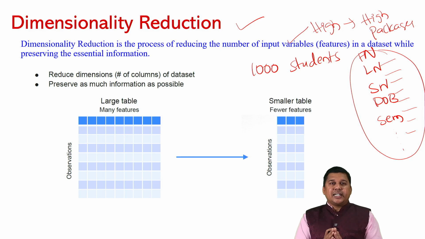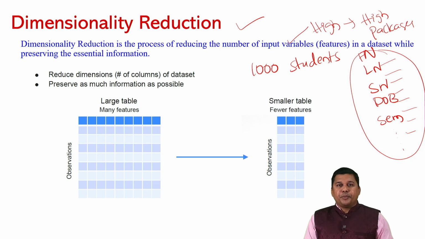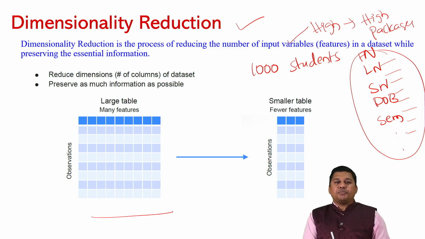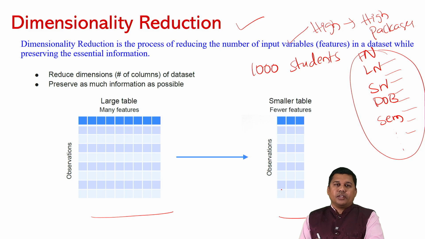So, dimensionality reduction is a process where we try to reduce the number of feature variables, the number of input variables, right. By doing that it becomes very easy for us to do some computation, find out some insight from that, visualize the data and see how the data is distributed, and a lot of other things are involved. If you see here, there is a large table with a lot of observations, and I am trying to reduce it into a small set with only a few columns, right.